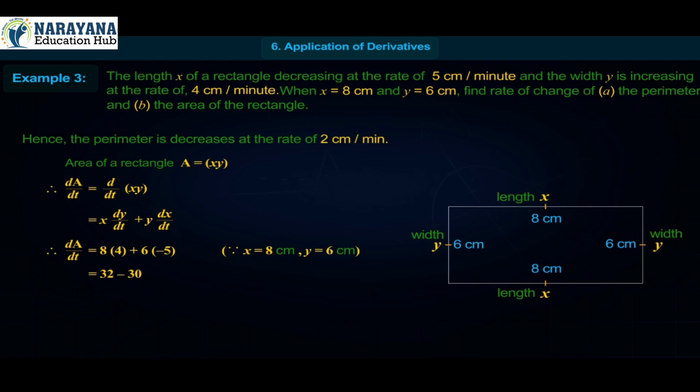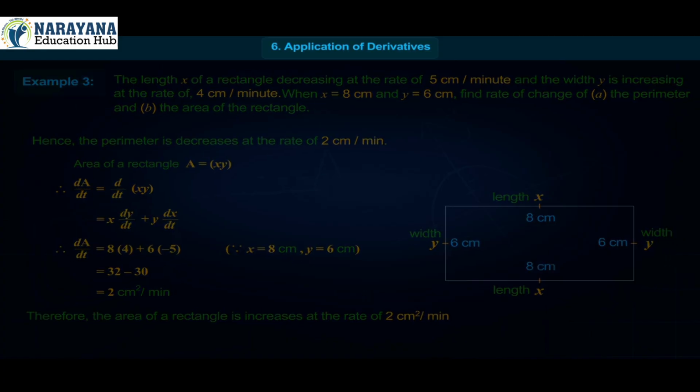That is 32 minus 30, which is equal to 2 centimeter square per minute. Therefore, the area of the rectangle is increasing at the rate of 2 centimeter square per minute.